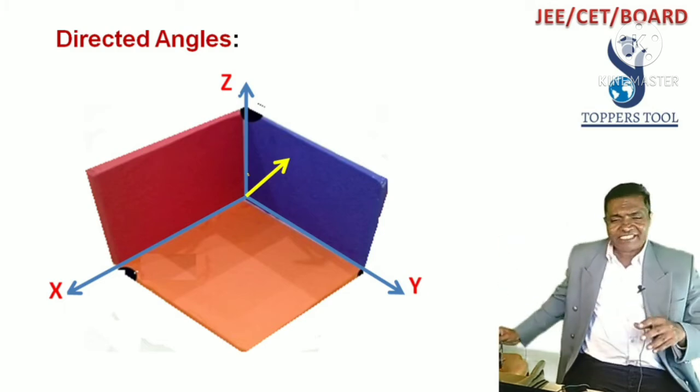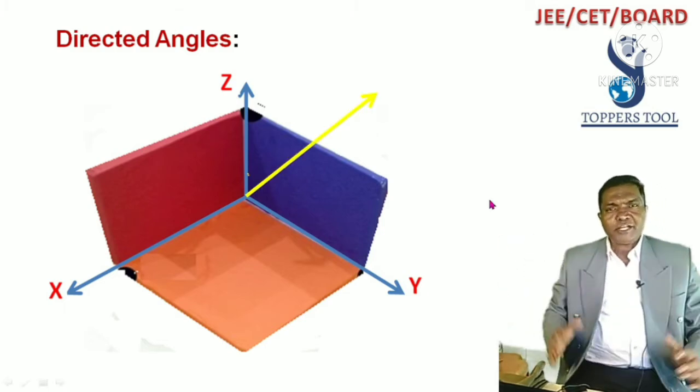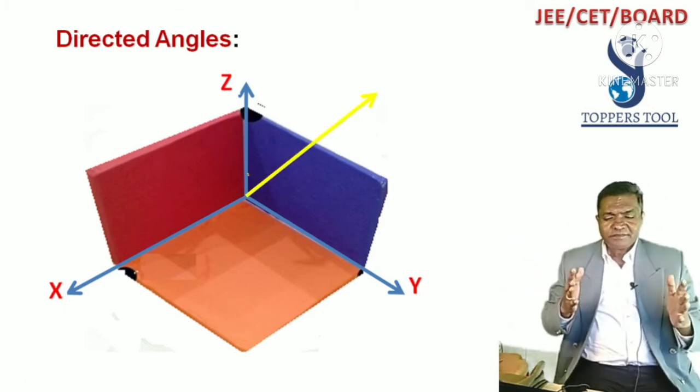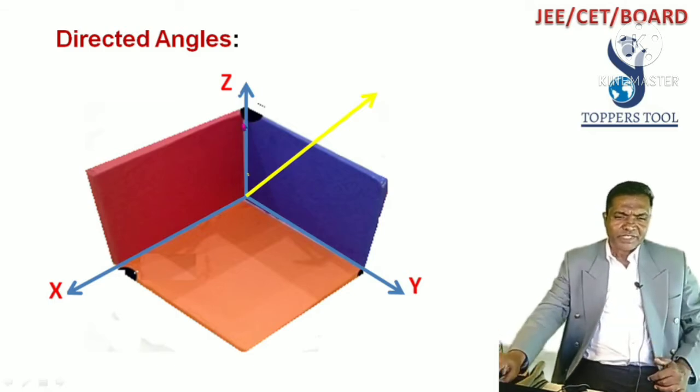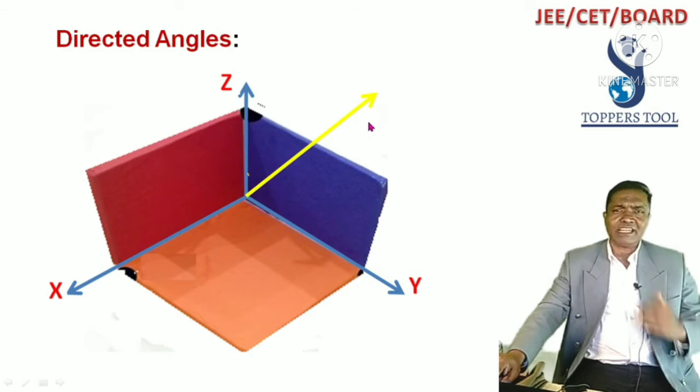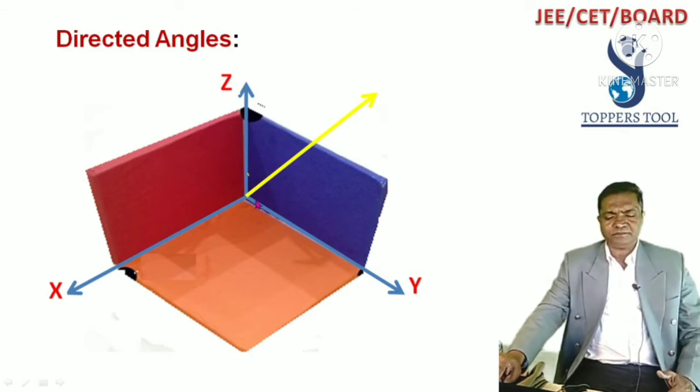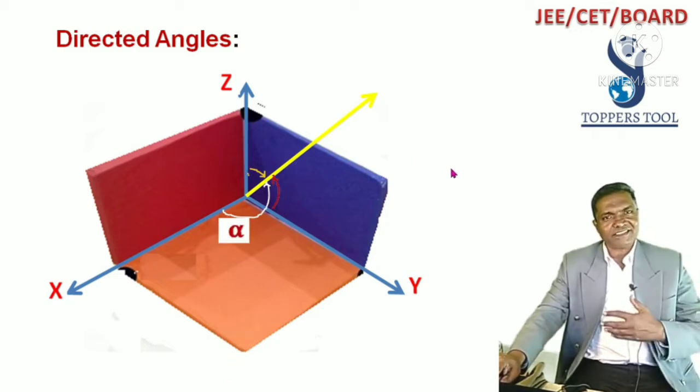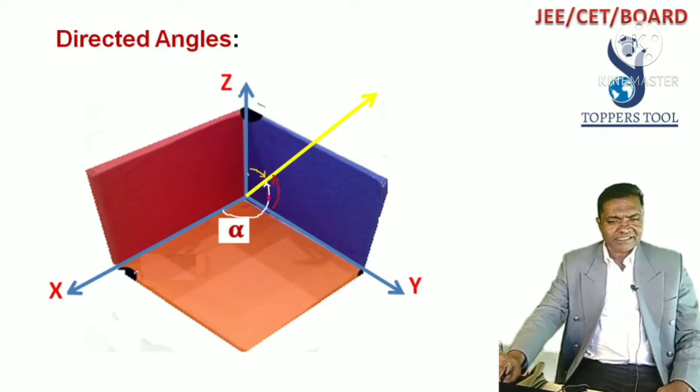Now let us try to understand with the help of this figure. Here is three-dimensional space with coordinate axes x-axis, y-axis, z-axis. Here is a line in space passing through the origin. It makes angles alpha, beta, gamma with the x-axis, y-axis, z-axis. This angle between the x-axis and this line is alpha.